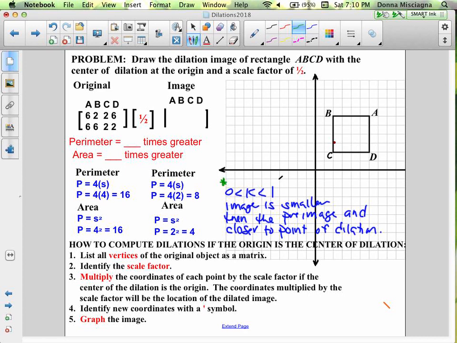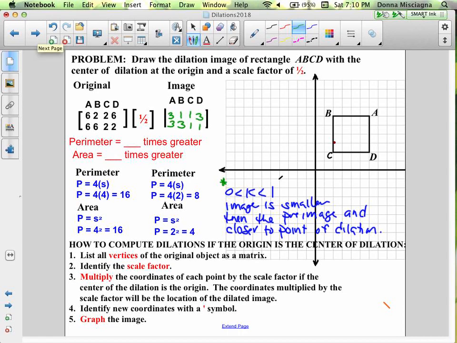I have it written in there as a scalar multiple. Now we're going to multiply the coordinates of each point by the scale factor since the center of dilation is the origin. So 1/2 times 6 and 6 is going to be 3 and 3. Half of 2 and 6 is going to be 1 and 3. And then multiply 2 and 2 by 1/2, and 6 and 2 by 1/2.